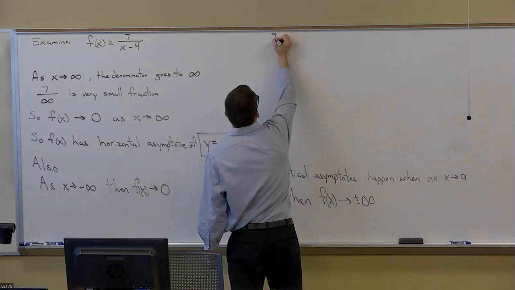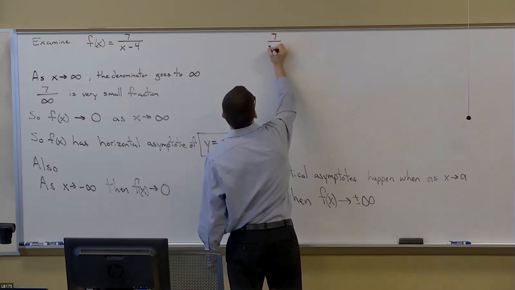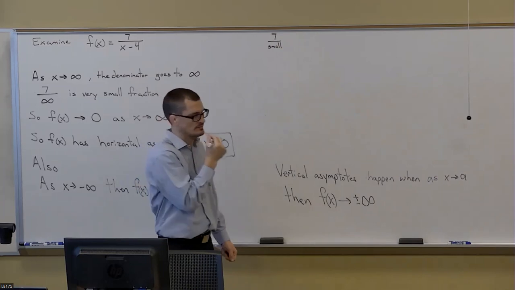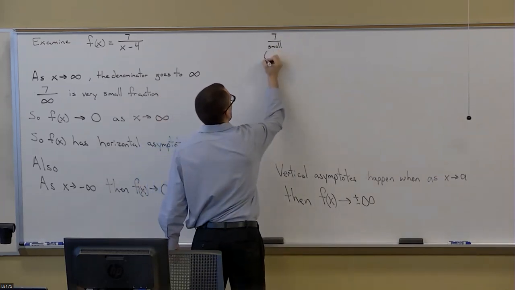Well, if you think about this, 7 divided by a really, really, really small number, small as in close to 0.